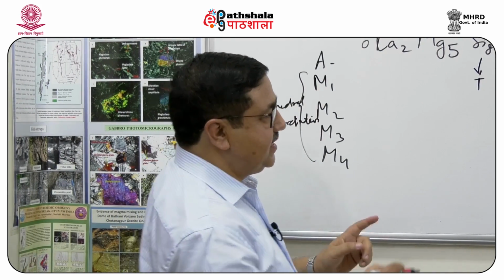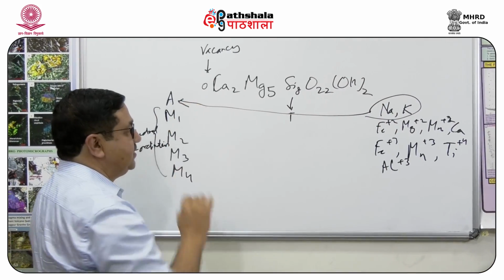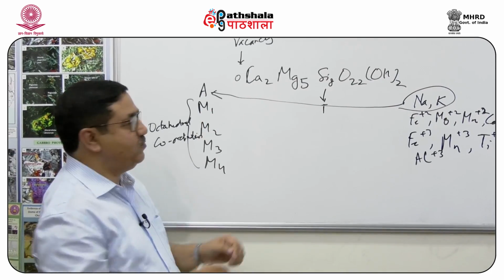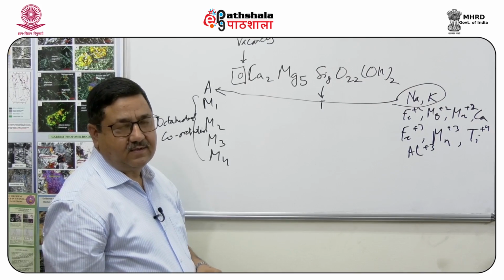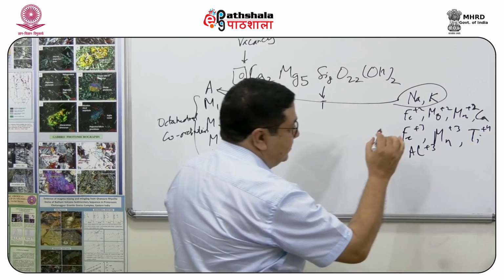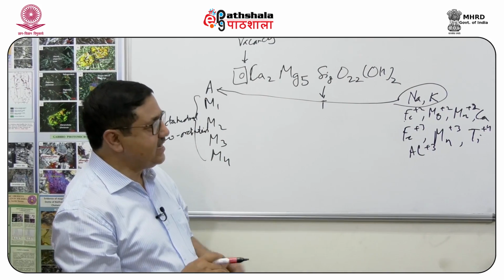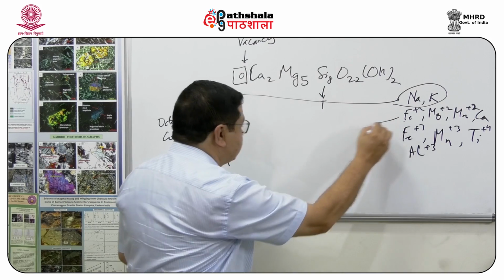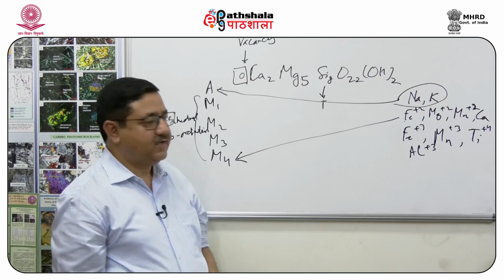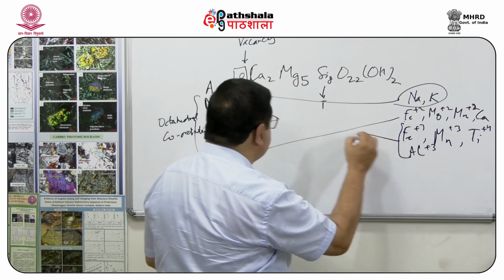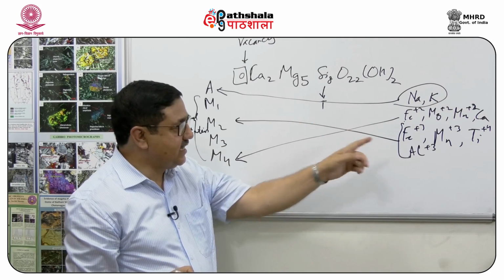For example, the larger cations tend to go towards the A site, which is marked here as the vacant site. The divalent cations and calcium tend to substitute in the M4 site, and the smaller sites are substituted by these elements.